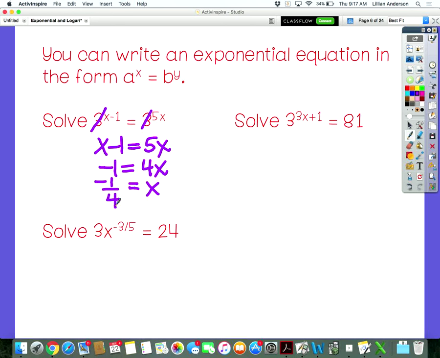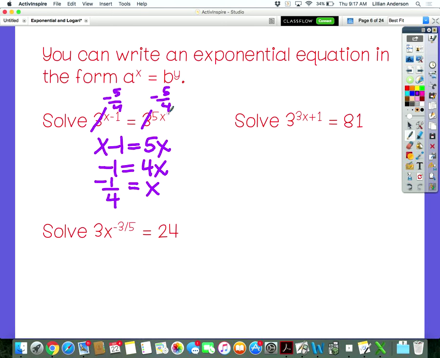Okay? You can always check to make sure that it actually works out by plugging in. In this case, since the bases are already equal to each other, what's negative 1/4 minus 1? And what's 5 times negative 1/4? So it shows that they are going to be equal to each other because it's 3 to the same exponent.